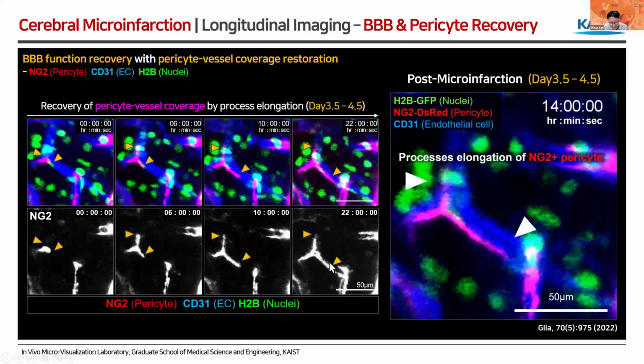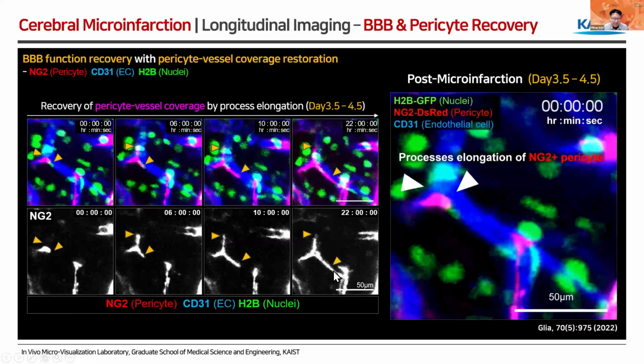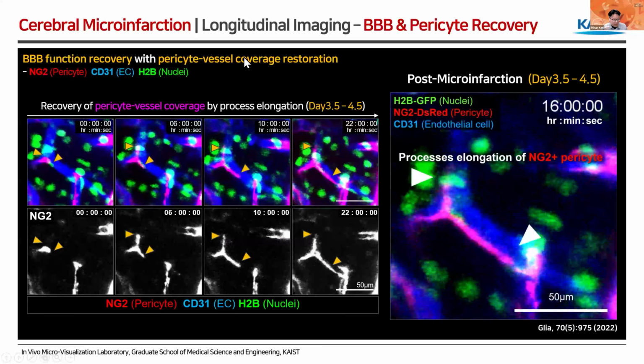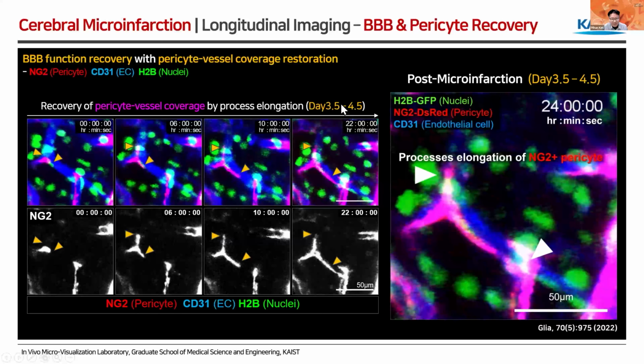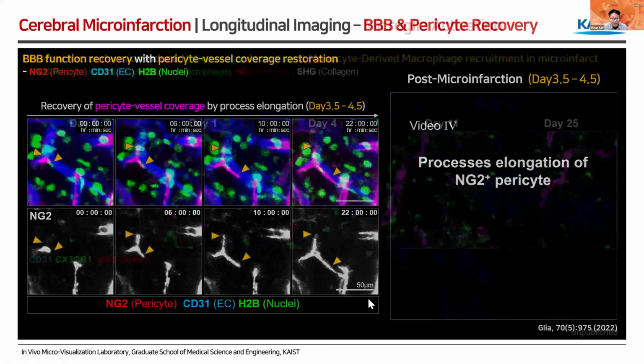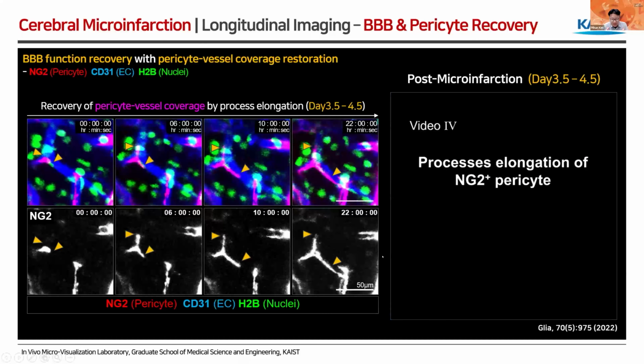Which means the pericyte vessel coverage is restored at this time window from day 3.5 to 4.5. And that's why the BBB leakage, the vascular leakage, is recovered at this time period.